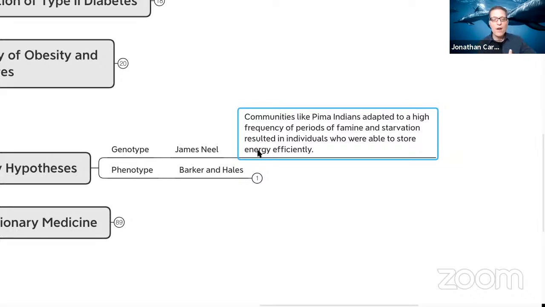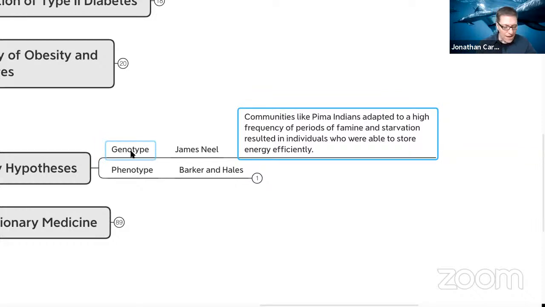So what happens when this type of community is exposed to a Western environment? Well, they're able to mobilize these calories and put them into fat much more easily than another population that didn't have the same frequency of famine, selecting people who were more energy efficient in depositing fat. So this is the genotype hypothesis.